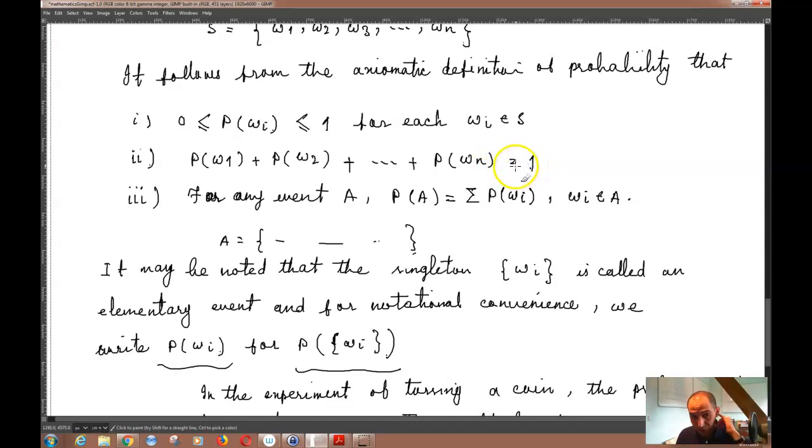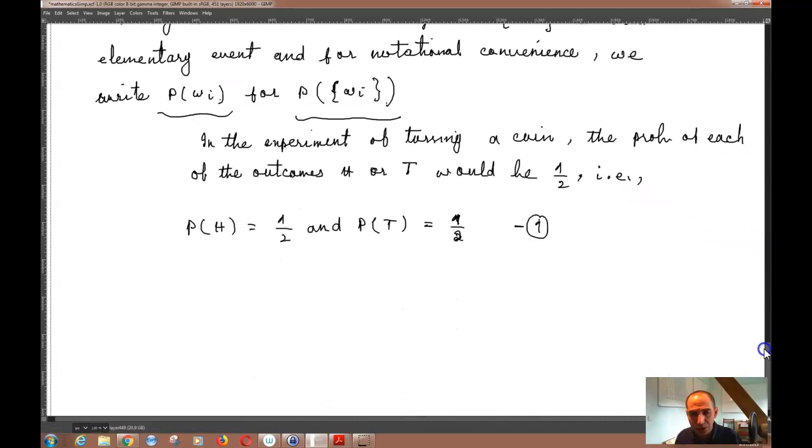And for any event A, P of A is the sum of P of omega i for omega i belonging to A.